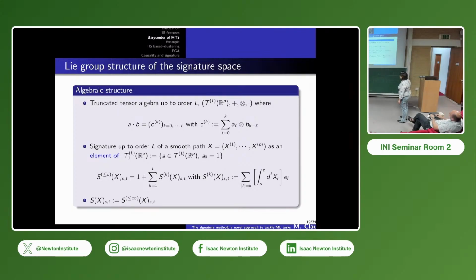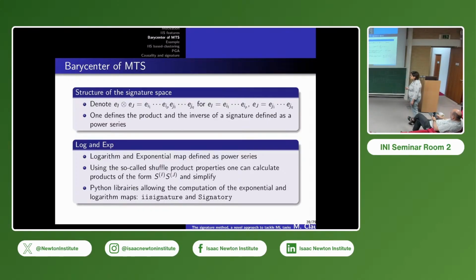So you have an algebraic structure. And since you have an algebraic structure, you have logarithm and exponential, and you can use the fact that it is a Lie group. Is the idea okay?